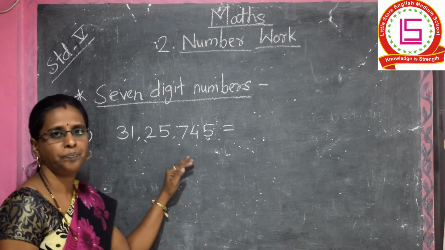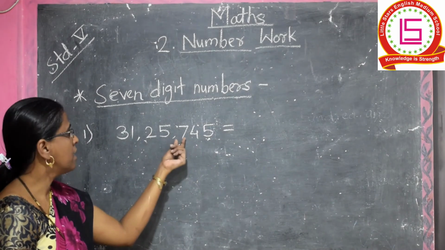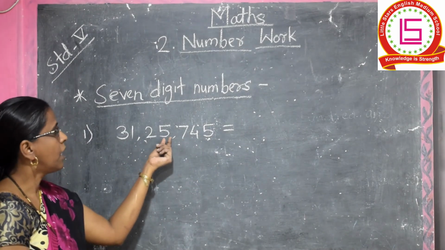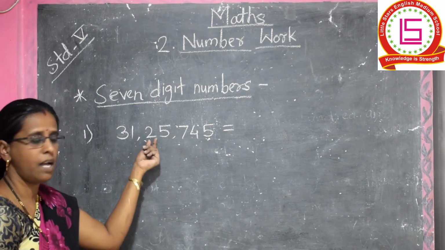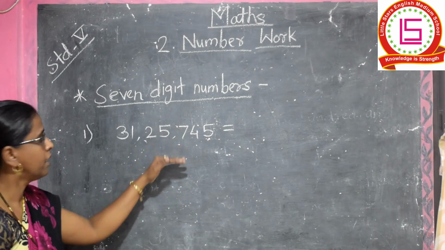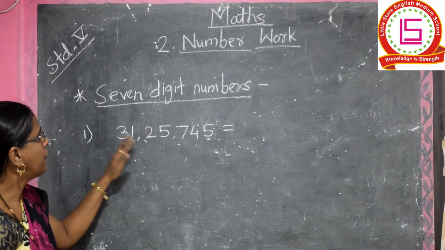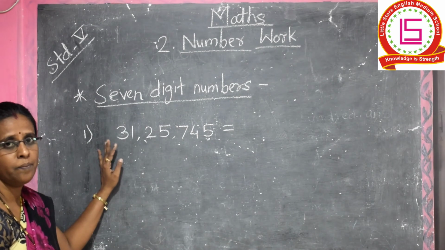See here, unit place, tens place, 100 place. Okay, then 1,000 and 10,000 place. After that, lakhs place. Okay, now you study here. See, after the lakh place, which place is coming?